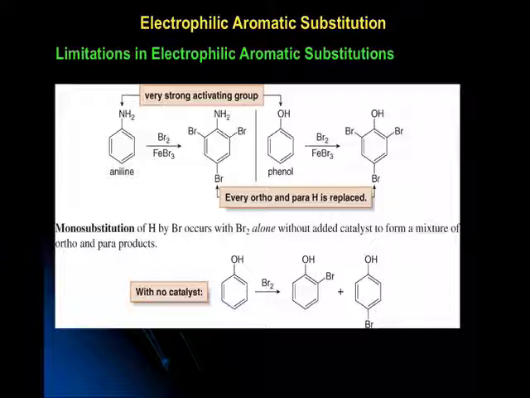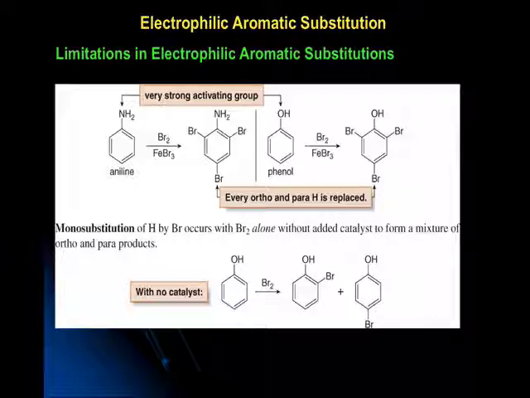Now, there are some activating groups that are extremely strong. The amino group is a very strong electron donating group. Okay? So if we start off with aniline and we try to brominate it using bromine and iron tribromide, we actually get tribromoaniline as the product.